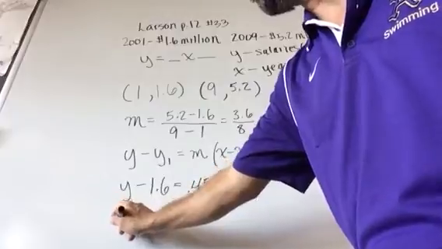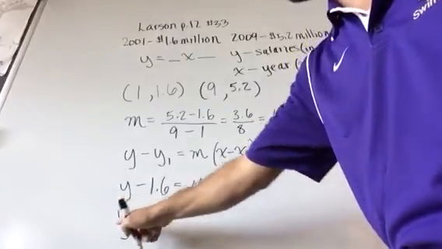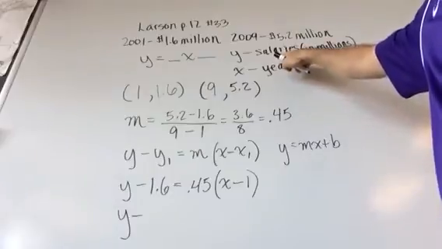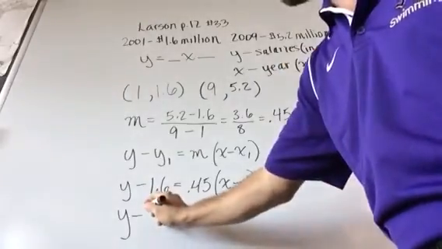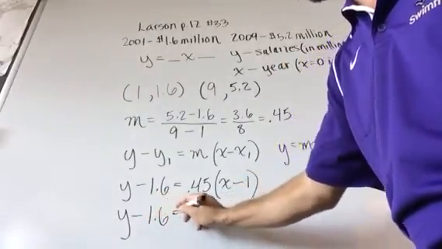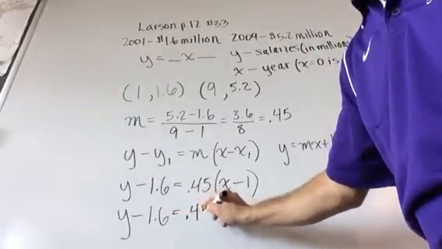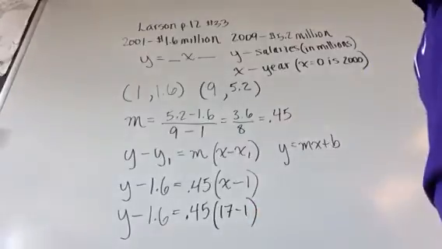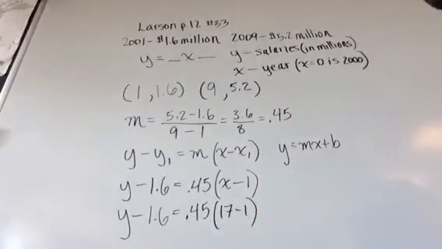So I'm looking for the salary, which is y, which we stated up here, and I'm going to say what is the salary when x is equal to 17. And that's it. Then I just need to solve for y.